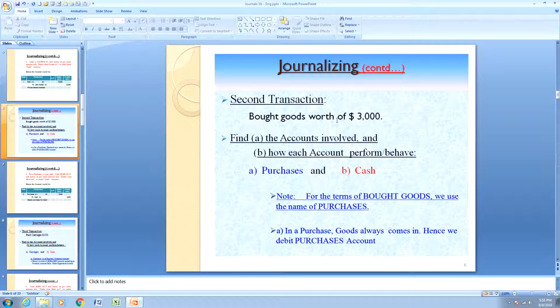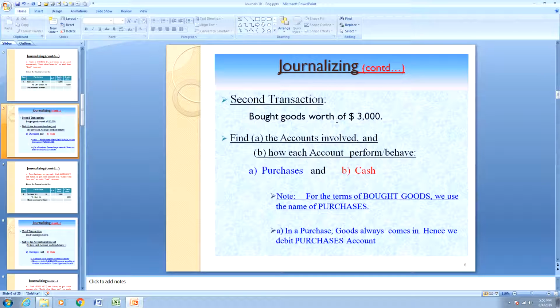Second transaction. Bought goods worth $3,000. The accounts involved are purchases and cash. You should note that for the term bought goods, we use the name of purchases. In a purchase, goods are always coming in.